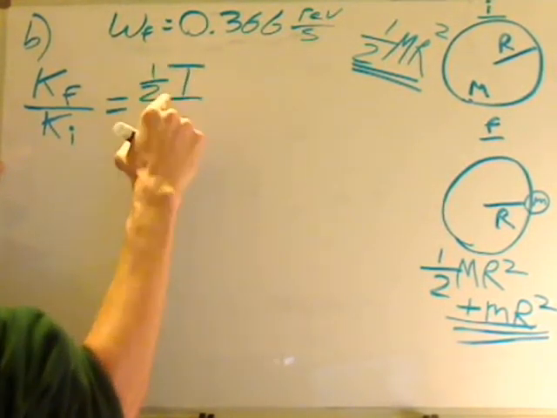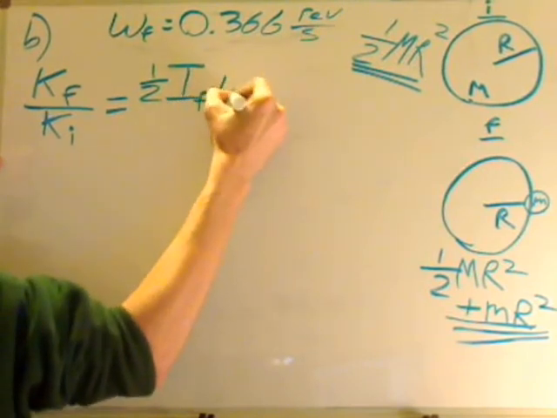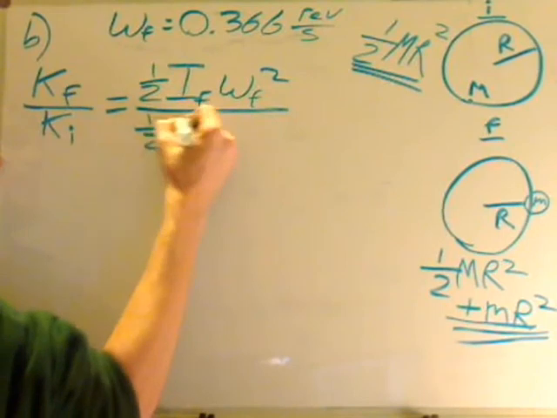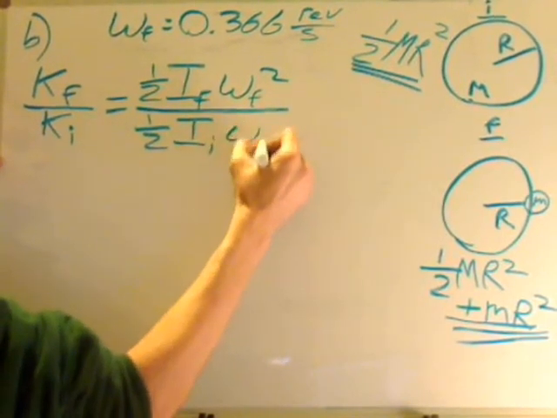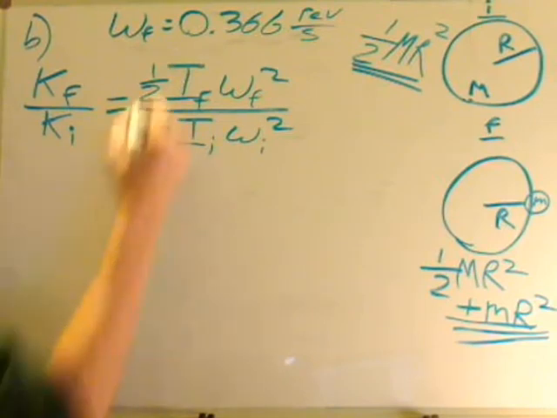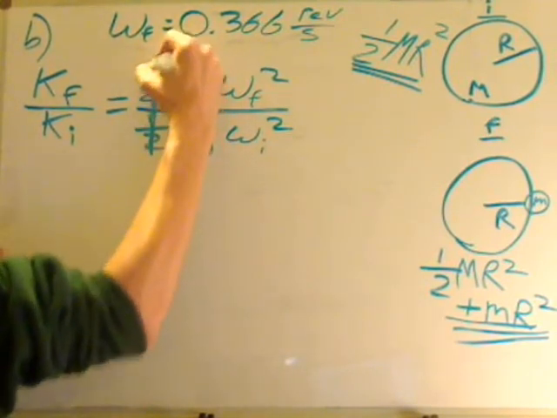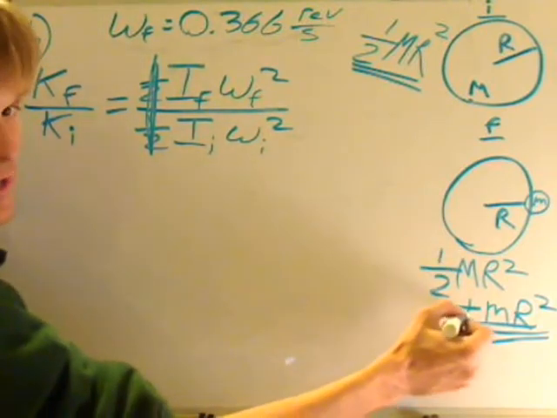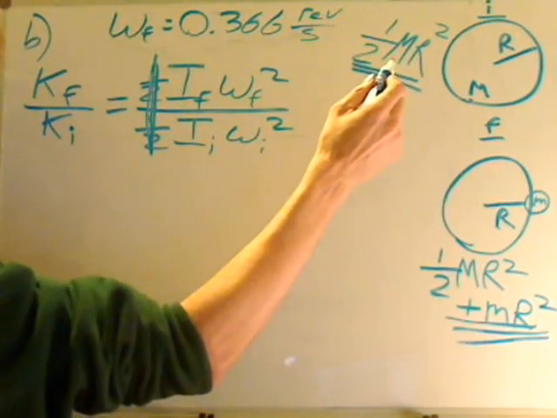So this is 1/2 I final omega final squared, divided by 1/2 I initial omega initial squared. Now the 1/2s cancel.